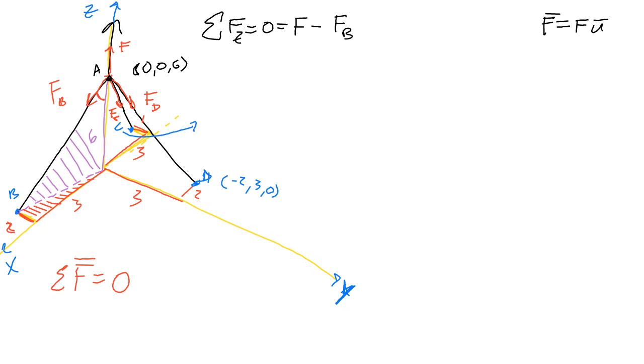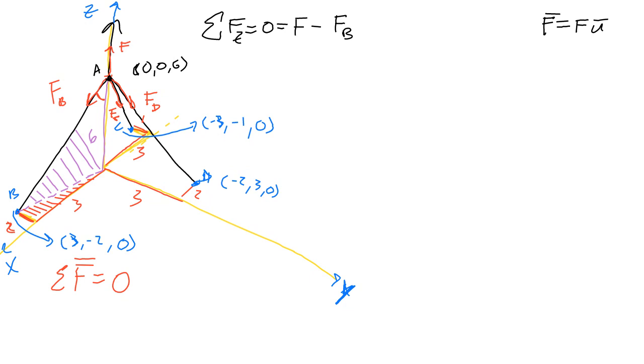C over there, back there, it's going to be, what's that, -3, -1 in the Y, 0. Then B is 3, -2, 0.